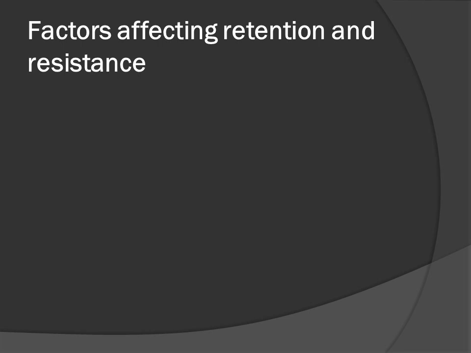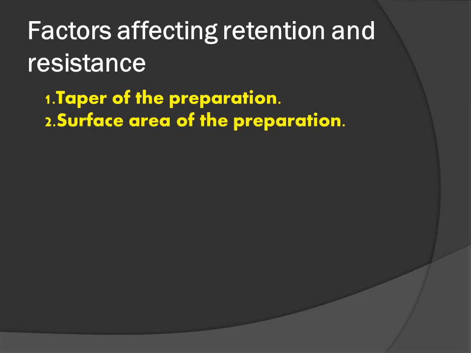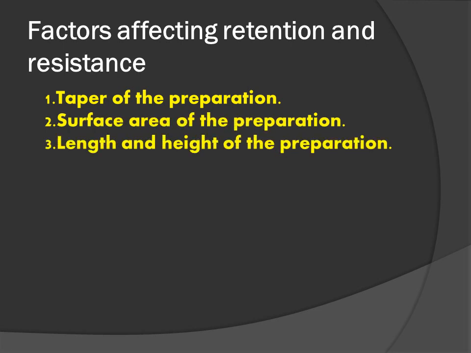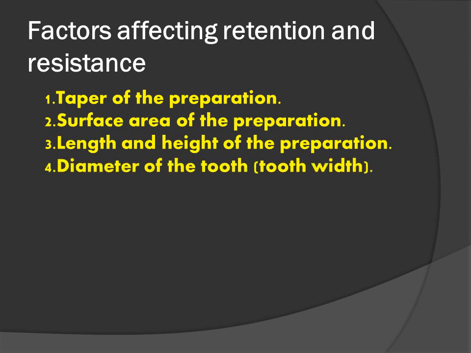Now, the factors affecting retention and resistance are taper of the preparation, surface area of the preparation, length and height of the preparation, diameter of the tooth or tooth width, and texture of the preparation.